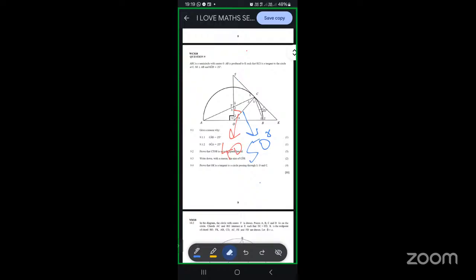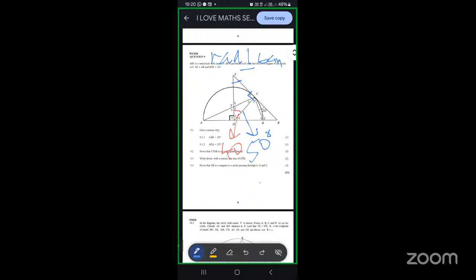Firstly, we know that angle OCS is 90 degrees, radius perpendicular to tangent, because OC is a radius and CK is a tangent. Now we want that angle using interior angles of a triangle.